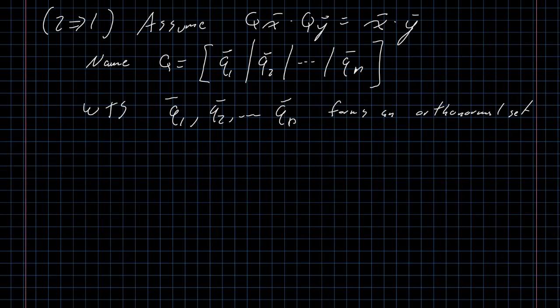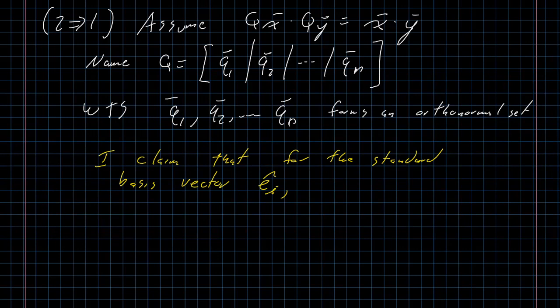And the way we're going to do that is a little bit interesting. I claim that for a standard basis vector, ei, if I take matrix Q and dot with ei, I will get the vector qi.